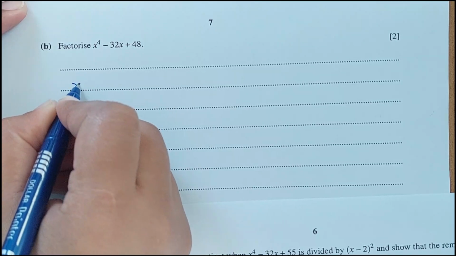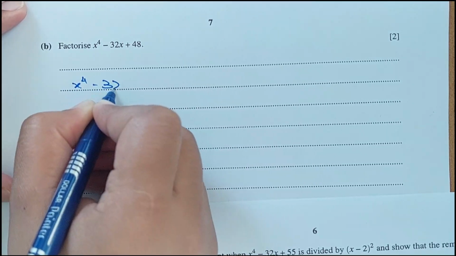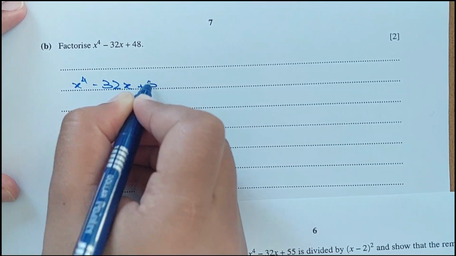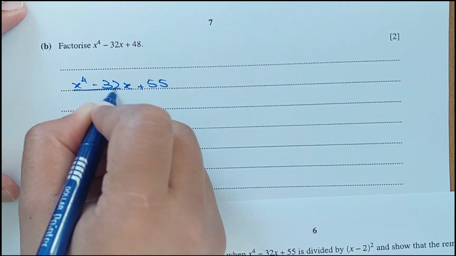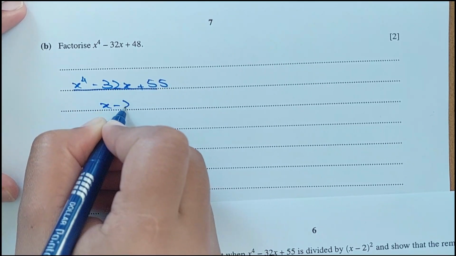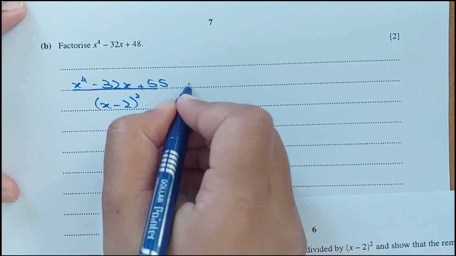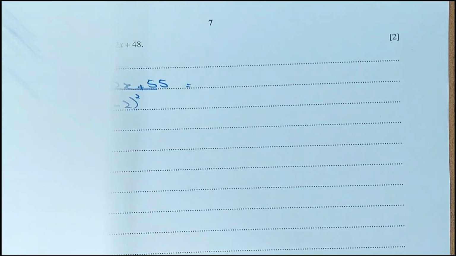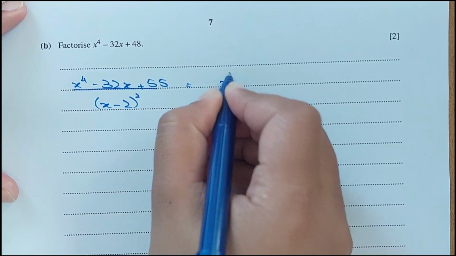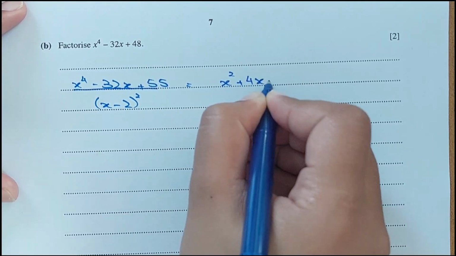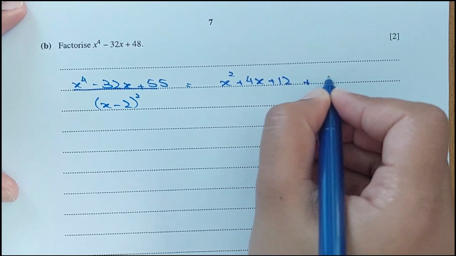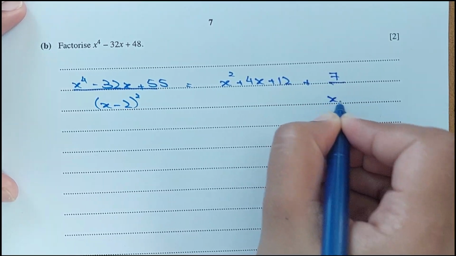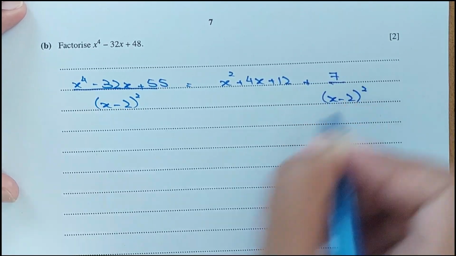We can say x4 minus 32x plus 55 divided by x minus 2 whole square. The quotient is x square plus 4x plus 12, plus 7 is the remainder, and the divisor is x minus 2 whole square, right?